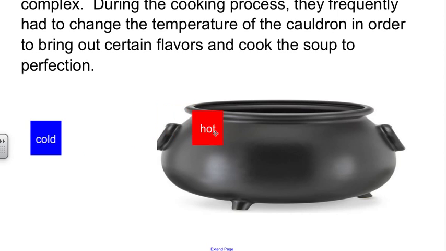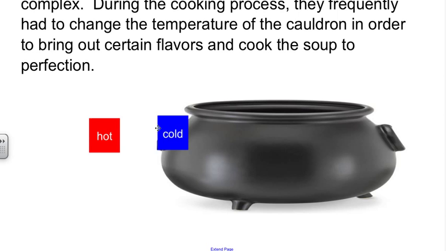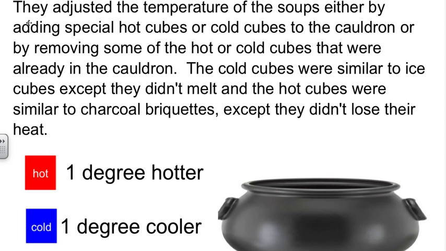So they would put in these hot cubes, and they would put in these cold cubes. And as always, in a far-off land, these are magical hot cubes and cold cubes. They adjusted the temperature of the soups either by adding special hot cubes or cold cubes to the cauldron, or by removing some of the hot or cold cubes that were already in the cauldron.